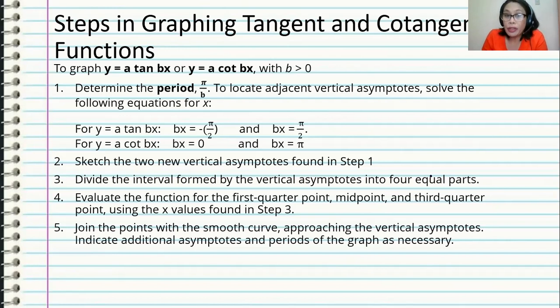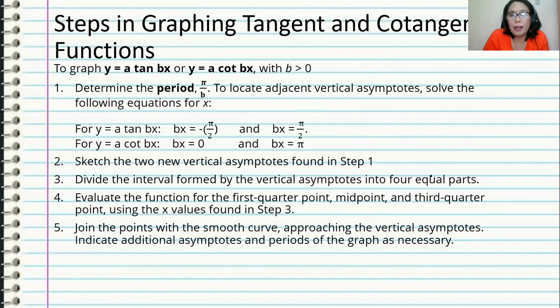And we're going to evaluate the function for the first quarter point, midpoint, and third quarter. Meaning we will evaluate the value for us to come up with y, and we will connect those points that we were able to identify from the previous steps approaching the vertical asymptotes.